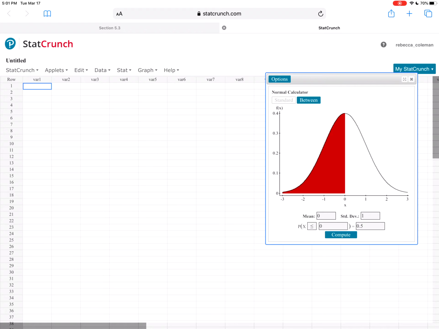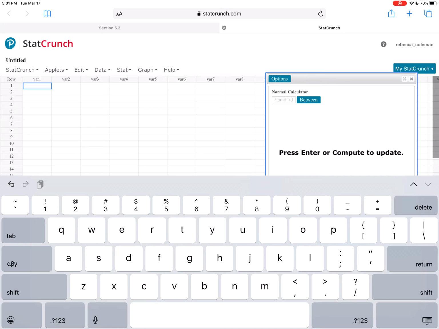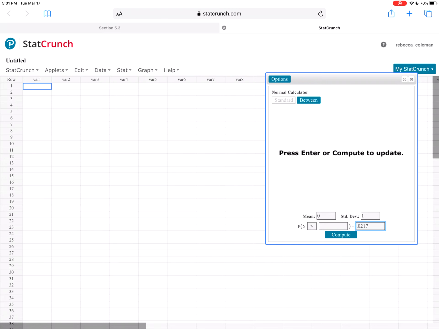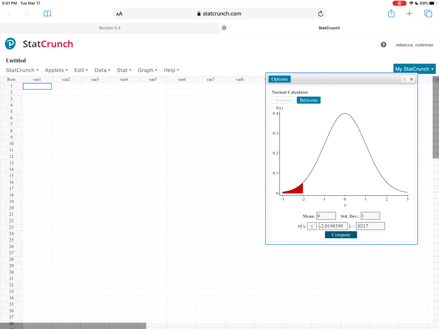So if I'm taking an area to my normal calculator, I want to make sure that I don't put it in the z-score box. I want to make sure that I put it over here in this box on the right-hand side to show that it is an area under the curve. And when I do that, if I hit compute, then it will fill in that z-score box or that data value box, and that'll tell me the same thing that I just saw from my table. If I round that to 2 decimal places, the z-score that corresponds is -2.02.